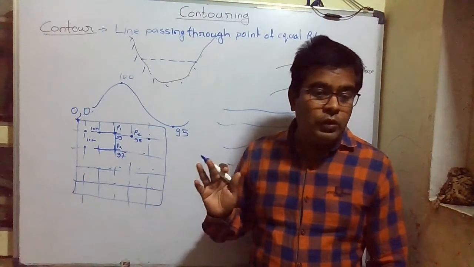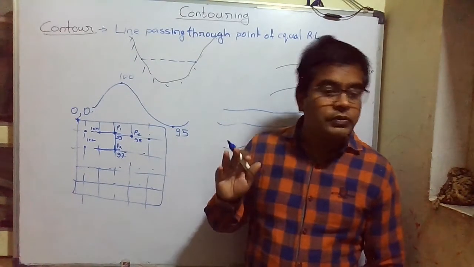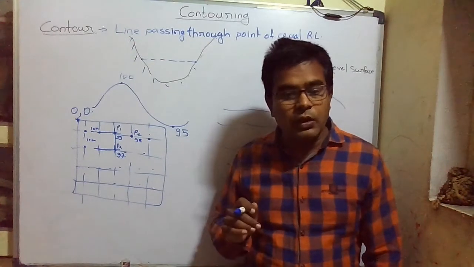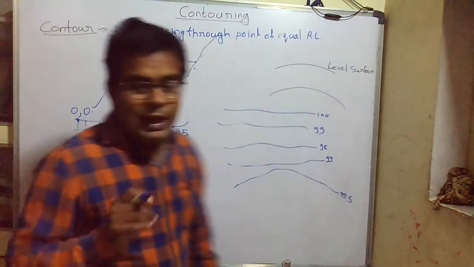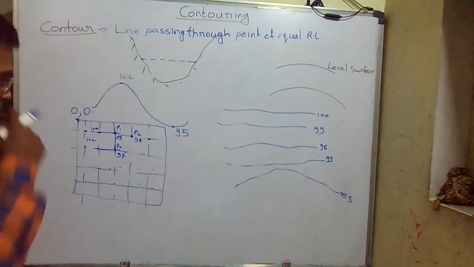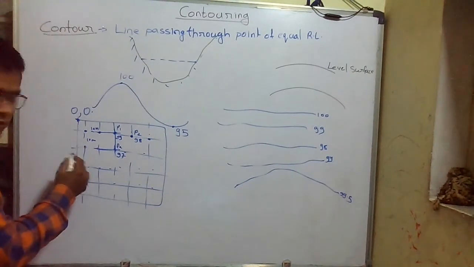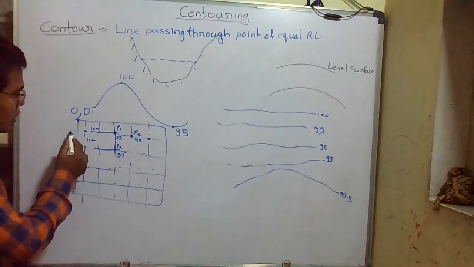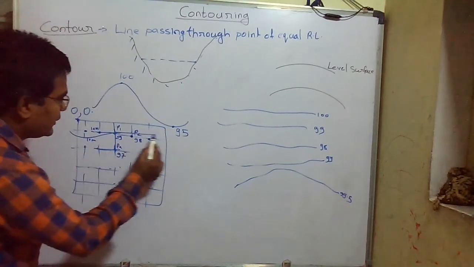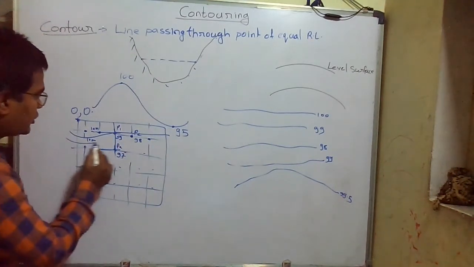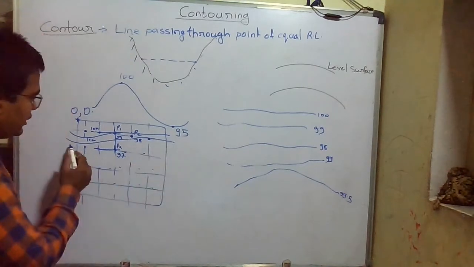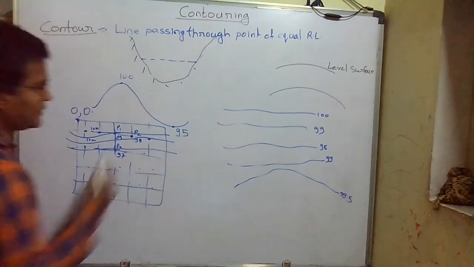So what we do there is plot the contour lines. What is a contour line? A contour line is a line passing through points of equal RL. Suppose I have drawn the contour of 99, then the contour of 98, and the contour of 97.